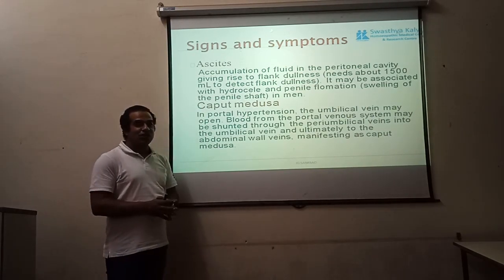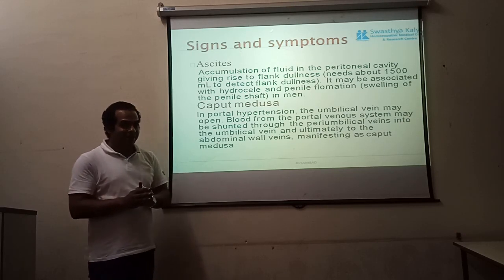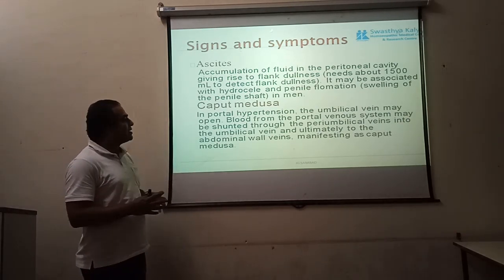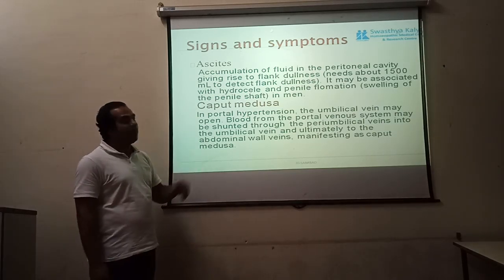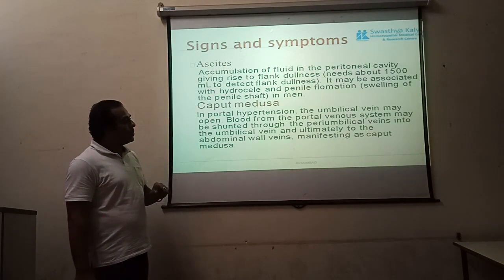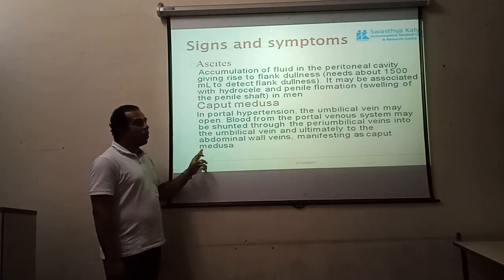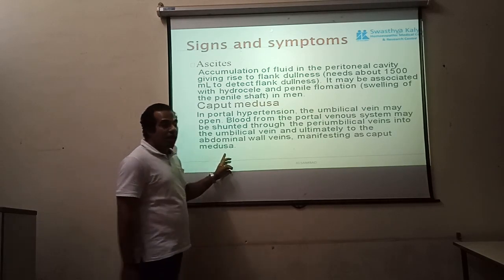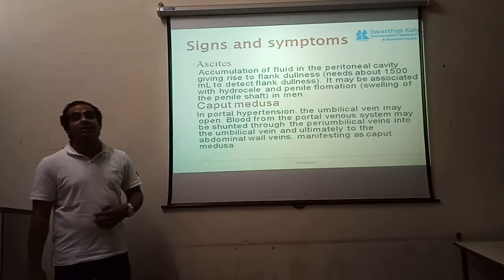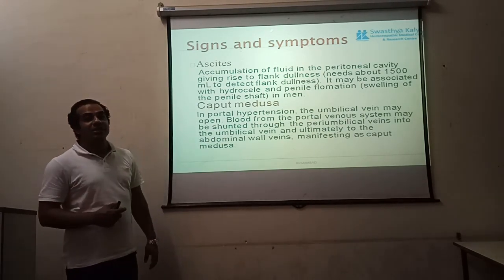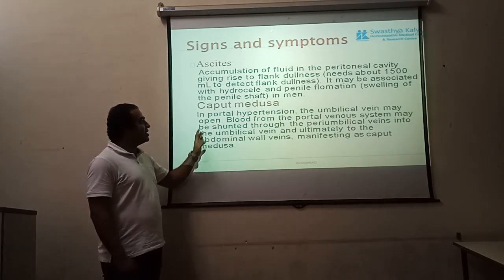Then the other finding is caput medusae. In portal hypertension, the umbilical vein may open, and blood from the portal venous system may be shunted through the periumbilical vein into the umbilical vein and ultimately to the abdominal wall veins, manifesting as caput medusae. It appears as a sign where swollen veins can be seen around the umbilical region.